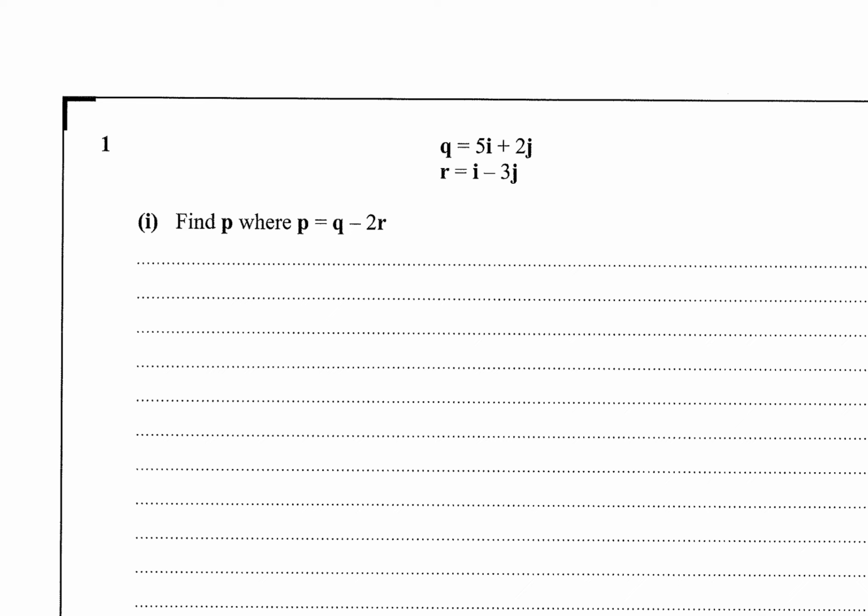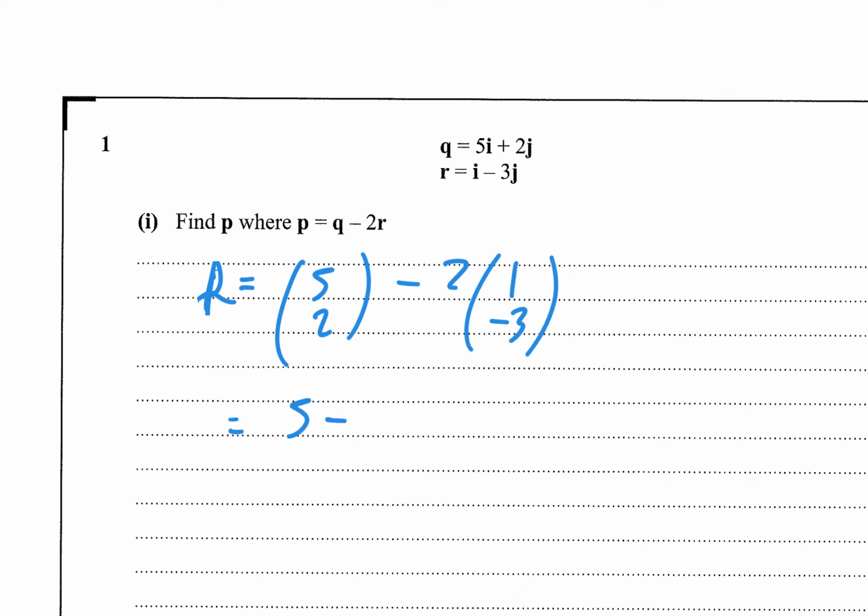In your first question, vectors, it says find P, where P is equal to Q minus 2R. The nicest way to do this is to write these in column vectors. So P is equal to my Q, which is (5, 2), minus 2 times my R, which is (1, -3).